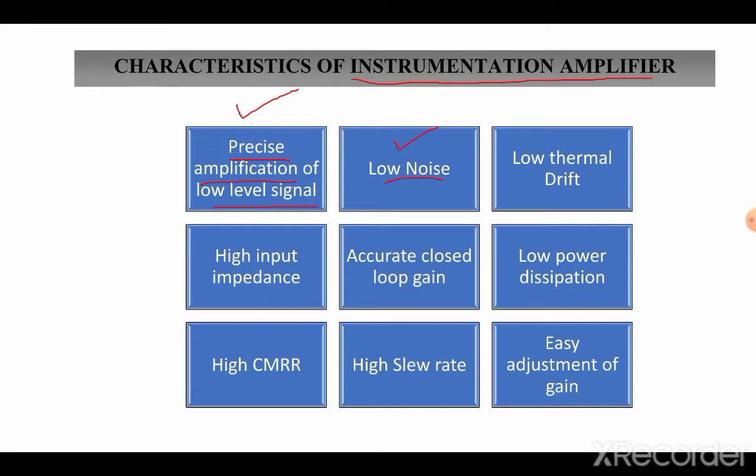The third characteristic is low thermal drift. The parameters of the instrumentation amplifier are required to be constant with variations in temperature, so they are not supposed to change with the change in temperature. The next characteristic is high input impedance.